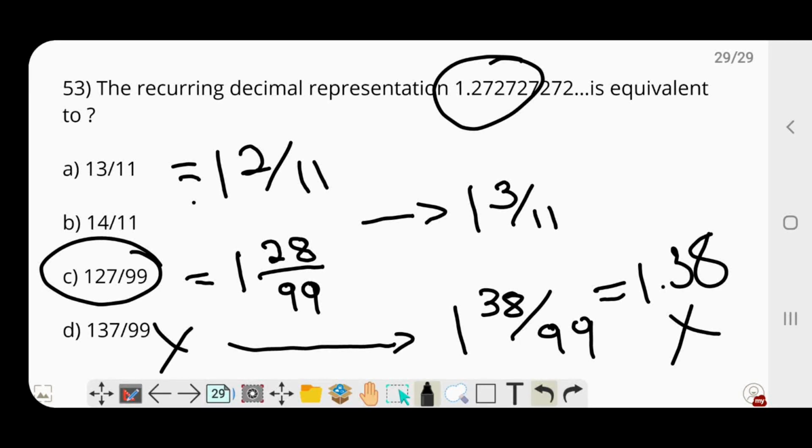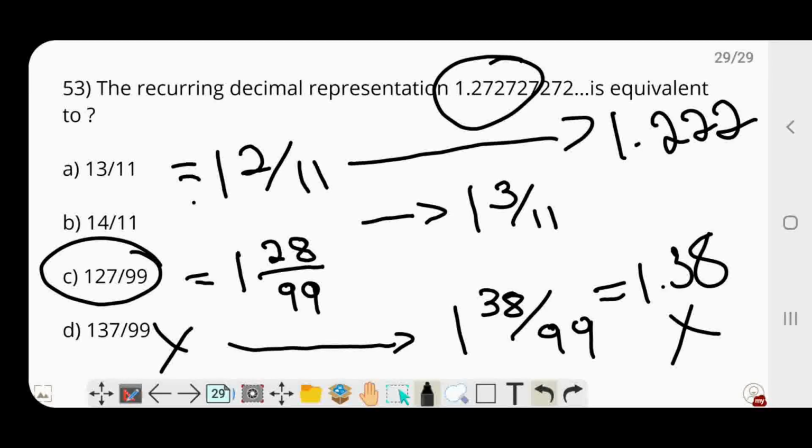So option D you can simply eliminate. In option A, you will get something like 1.222 and so on, because 2 by 11 is somewhere close to 0.22. So our doubt is between option B and option C.